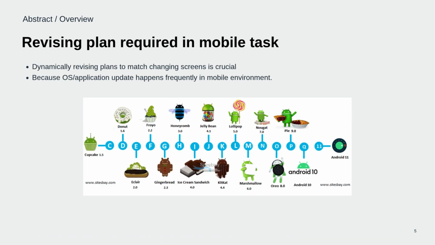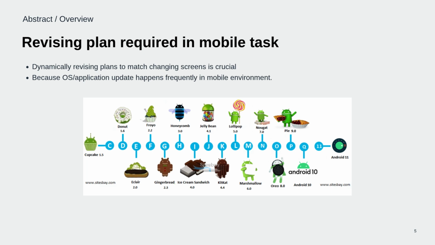Moreover, revising the plan is also crucial. As you can easily imagine, when you are using a mobile phone, the screen state changes very frequently, especially in hidden spots, when the internet connection is not good, or in any unexpected situation. Moreover, the OS and applications are updated very frequently.